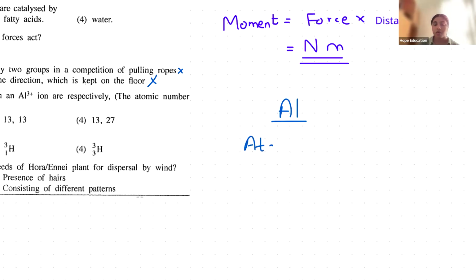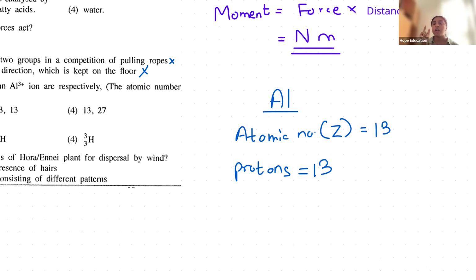The symbol for atomic number is capital Z, so that is 13. And you know atomic number is equal to the number of protons. Since atomic number is 13, number of protons is also 13. In an uncharged atom, there is no charge, it's just Al, protons and electrons are equal. So here, since protons are 13, electrons are also 13.